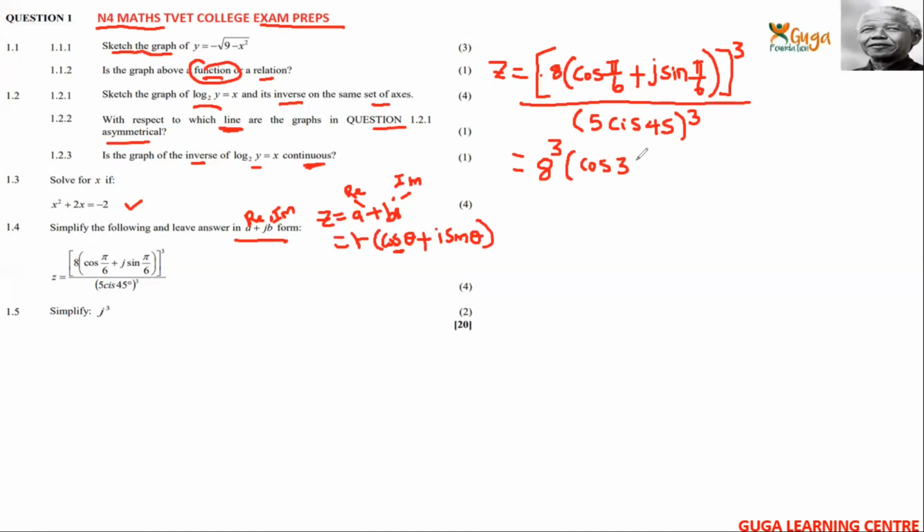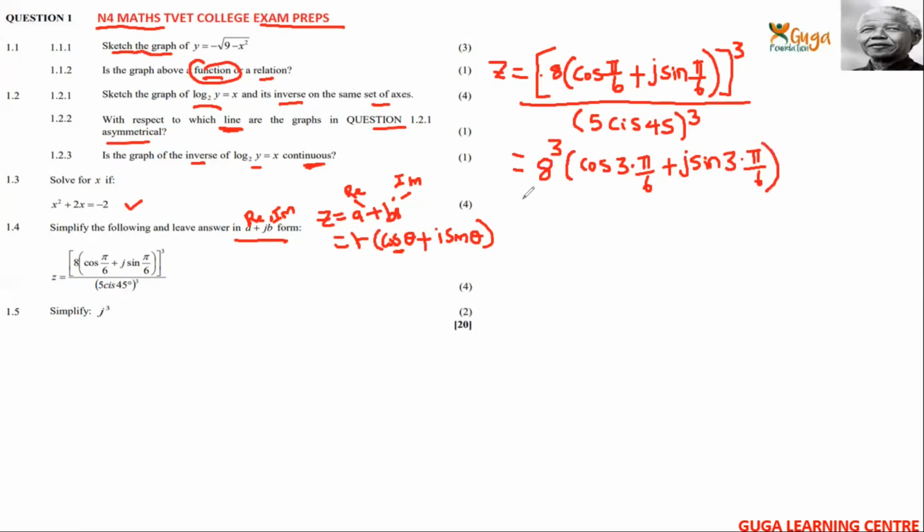It's going to be 3 multiplied by pi over 6, plus j, and this is your real part and imaginary part. You do the same here. It's going to be sine of 3 multiplied by pi over 6, right?